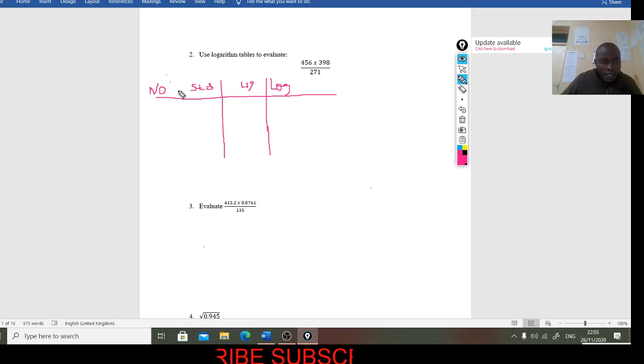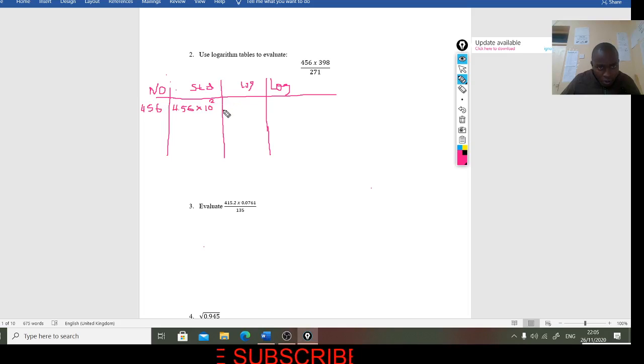Like 456. My number is 456. Standard form will be 4.56 times 10 raised to power 2, because I've moved 1, 2, raised to power 2.